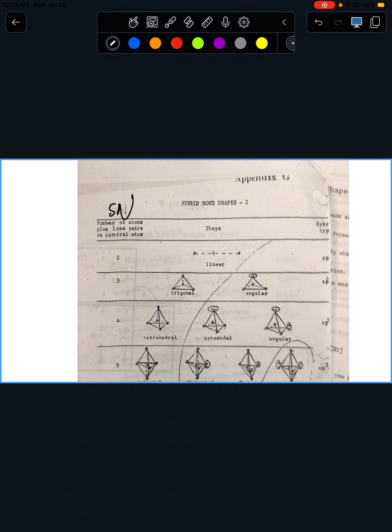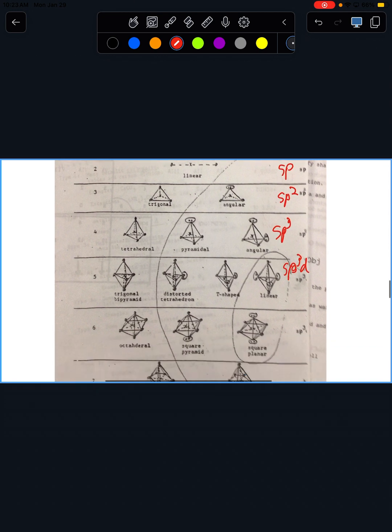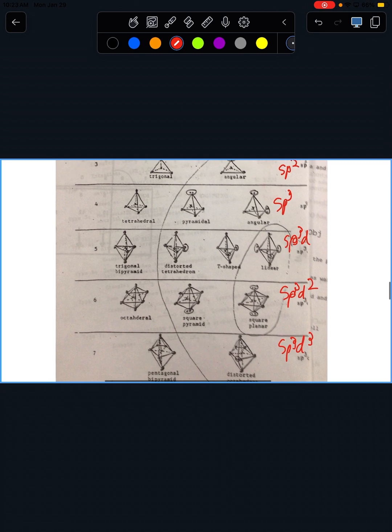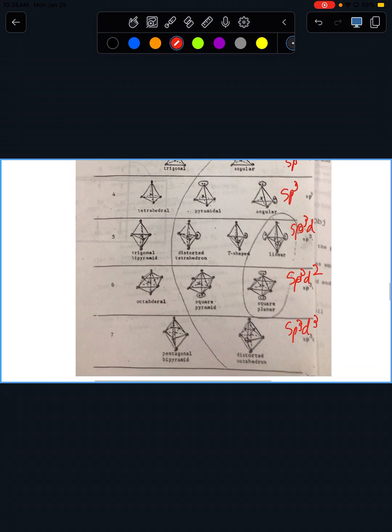This side is the hybridization, and the hybridization is sp, sp2, sp3, sp3d, sp3d2, and sp3d3. So on some people's appendix Gs, those were cut off. So if they're not on there, make sure you have them on there.